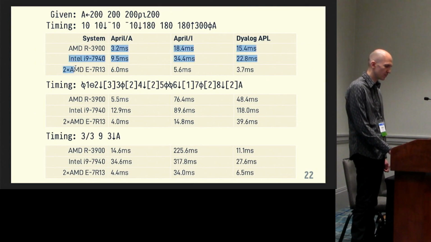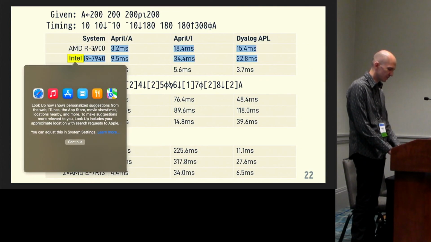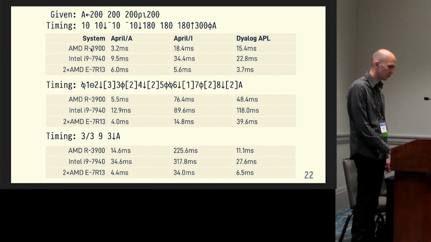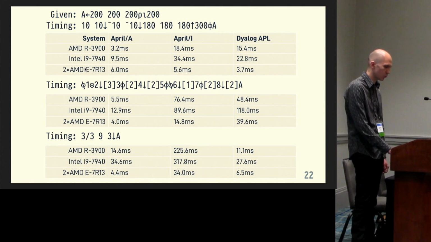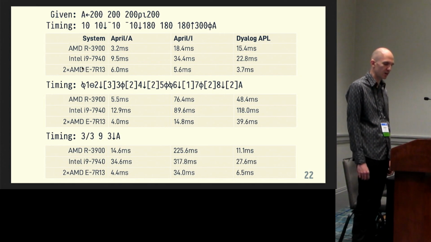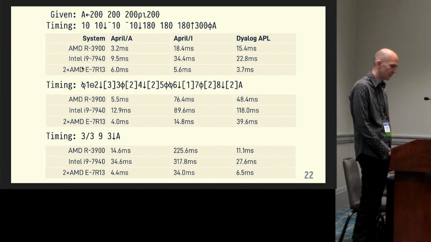So I used 3 different computers for this test. These 2 are desktop workstations running AMD and Intel chips, and then this is a server instance with 2 cores. These are 48 core processors for 192 threads total on this system.